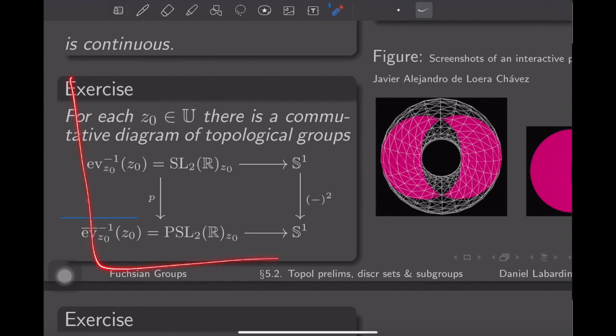And this exercise asks to prove that this stabilizer is also homeomorphic to a circle, and then restricted to the stabilizer, the projection really corresponds to the self cover of the circle given by the square function, z goes to z square.